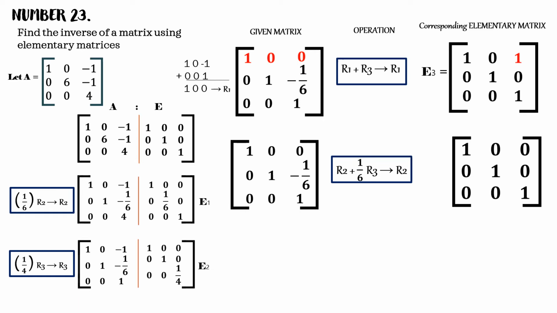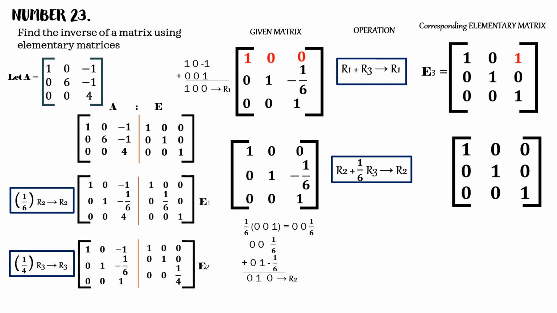The next step is row 2 plus 1/6 times row 3 to get a new row 2. We multiply row 3 by 1/6. We have 1/6 times 0, 0, 1 equals 0, 0, 1/6. And then we add it to row 2. We have 0, 0, 1/6 plus 0, 1, negative 1/6 equals 0, 1, 0.